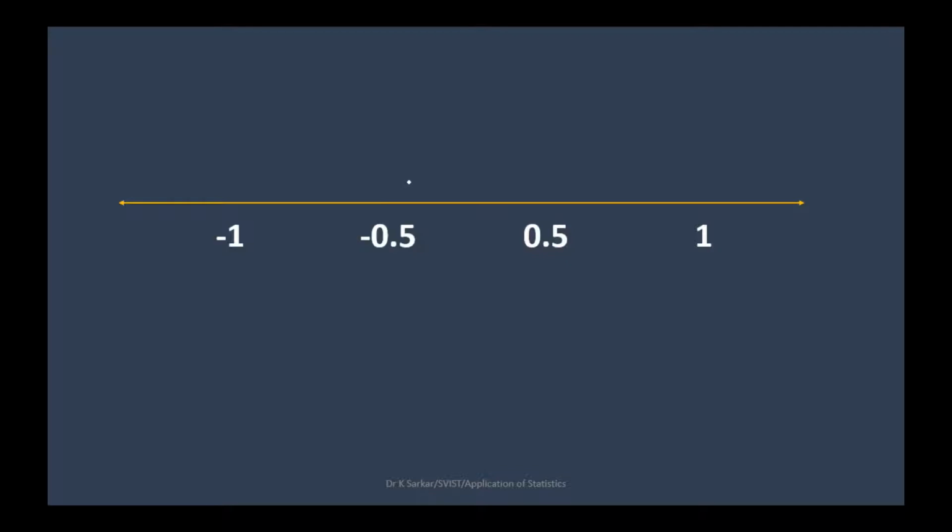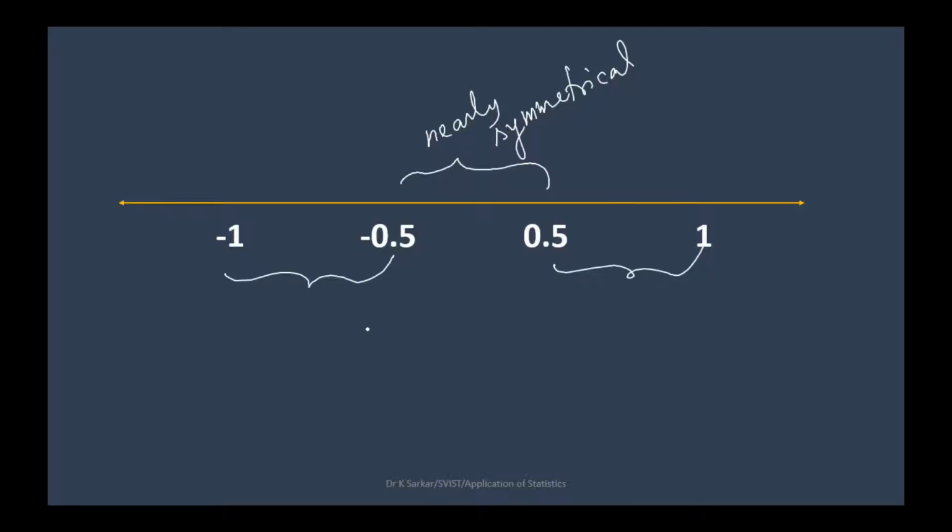So here on the number line, from minus 0.5 to 0.5 is nearly symmetrical, minus 0.5 to minus 1 and 0.5 to 1 is slightly skewed.